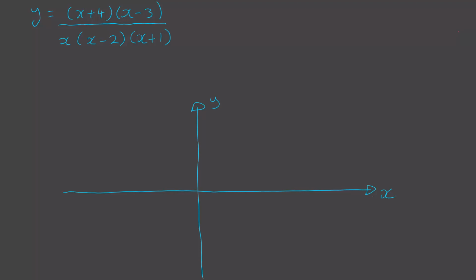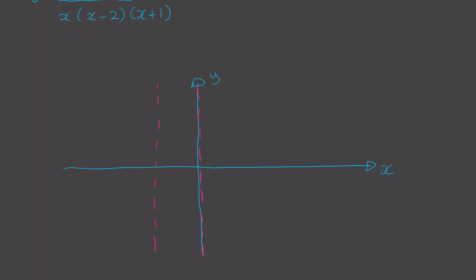One of the asymptotes, when x is 0, is the y-axis itself. Then we have when x is negative 1, and we have when x is equal to 2.